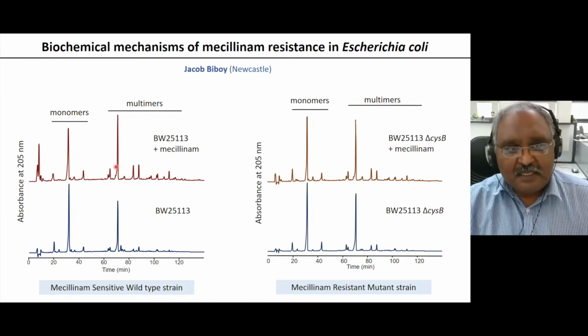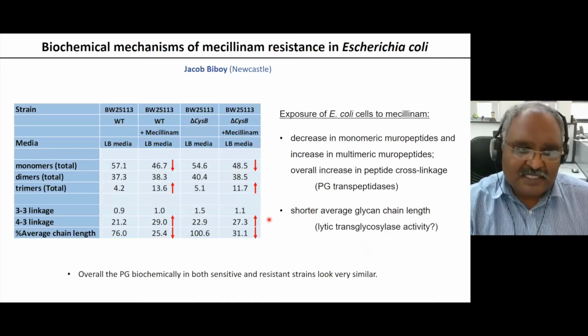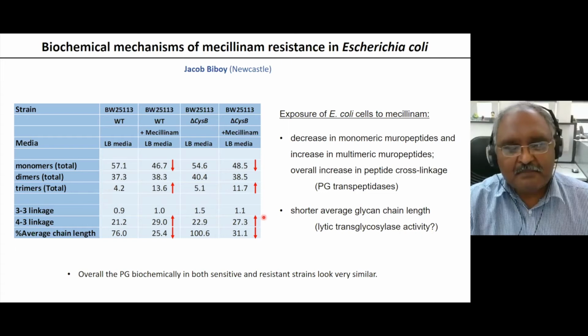The monomer content reduces while the multimeric cross-link content increases in both the sensitive and the resistant strains, and we do not see any difference. Also, we note that there is a decrease in the length of the glycan chains, as we'll see in the values that we can extrapolate from the chromatogram.